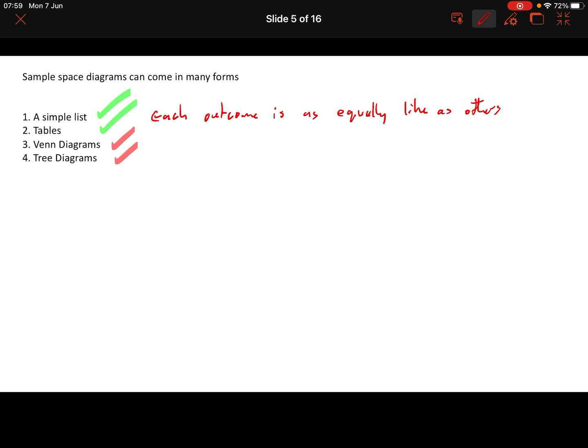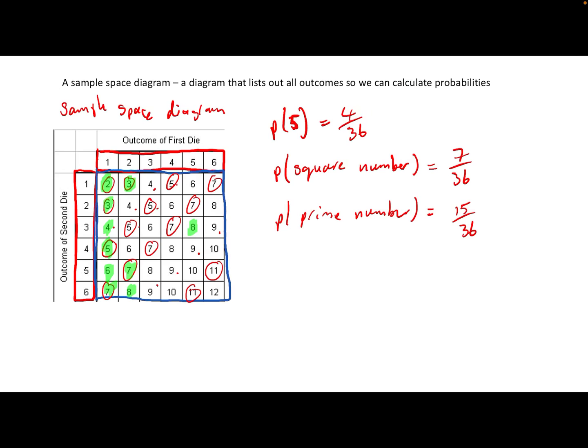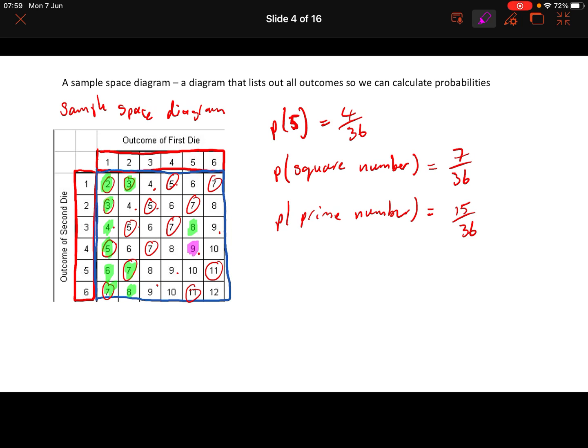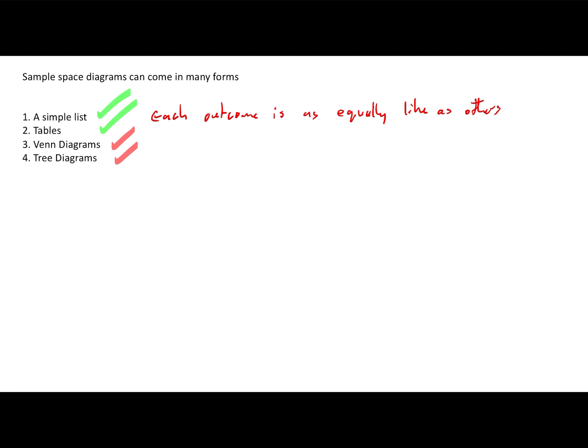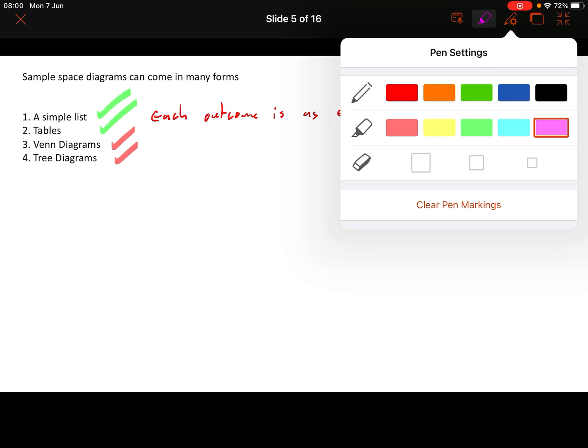So for example, if I go to my simple list, this outcome is just as likely as this outcome. And this outcome is just as likely as this outcome. Same with my sample table. This outcome is just as likely as this outcome. But with Venn diagrams, and we're going to get to it, tree diagrams, these can be for situations where that's not the case.